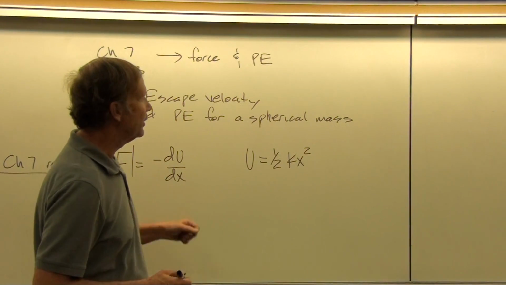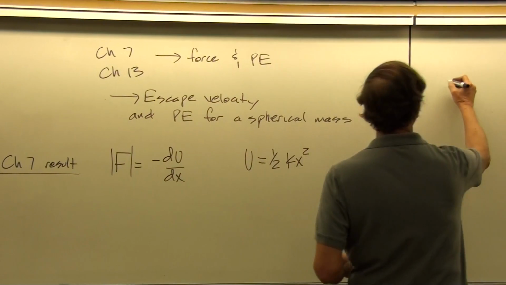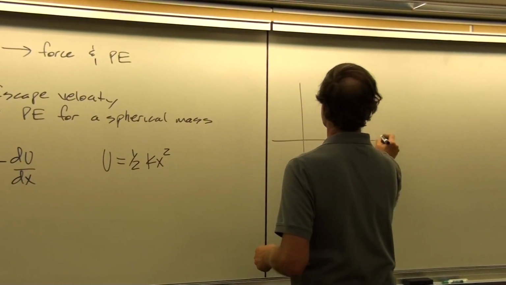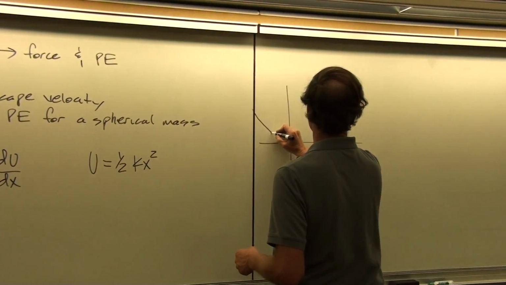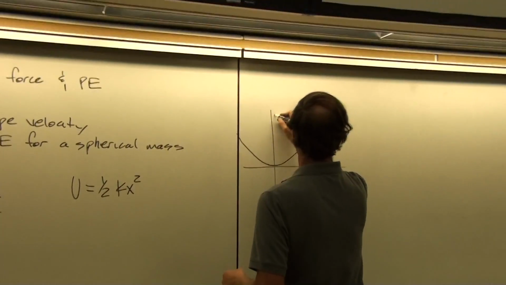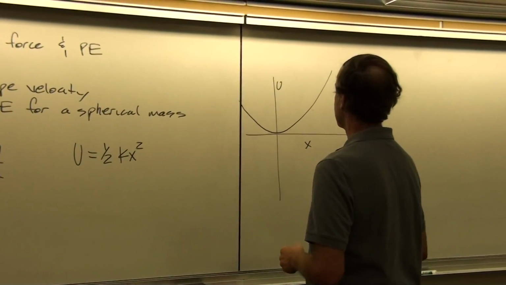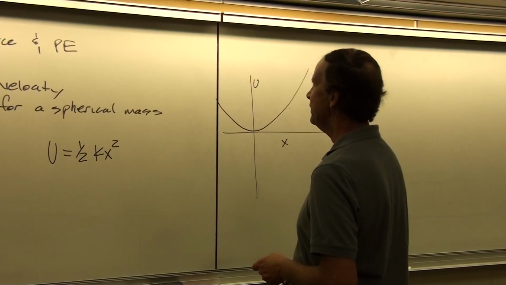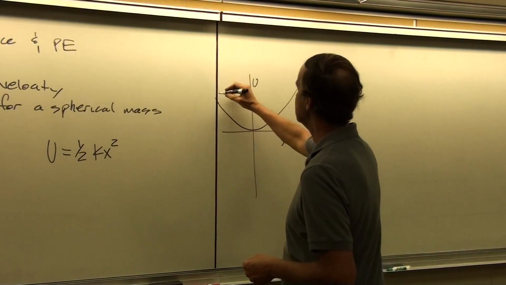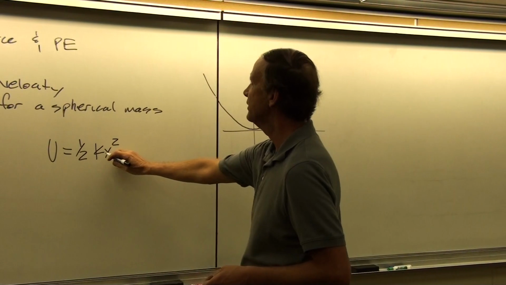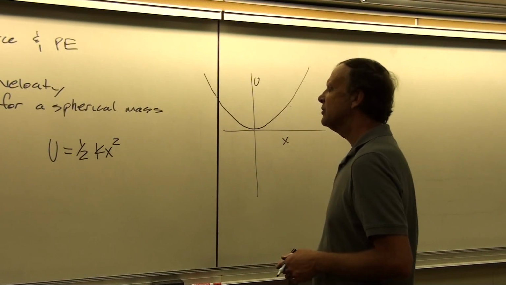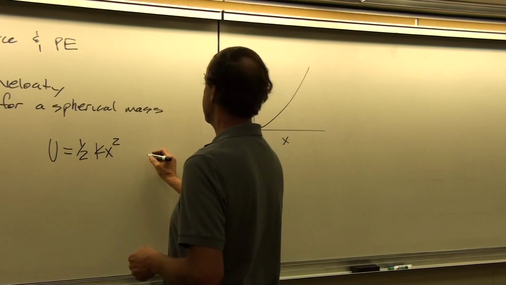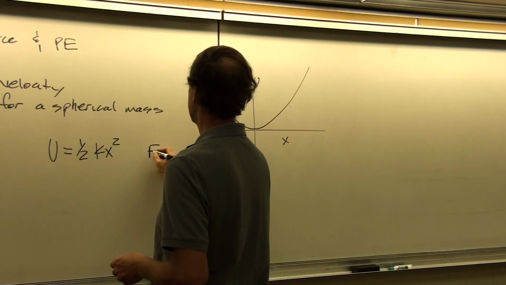And so if we could plot, for example, the potential energy function, let's say it's a parabola, U versus x. Let's say this is a one-dimensional problem. Then we could write the potential energy function as 1/2 kx squared, which should be the potential energy function for a simple harmonic oscillator.